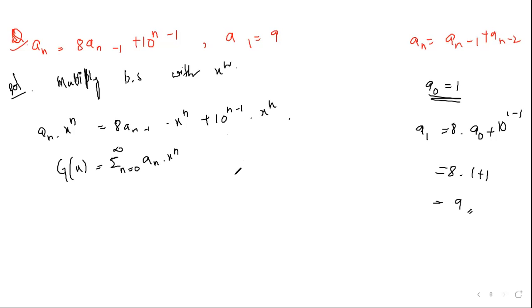Okay, so over here what will be G(x) minus 1? G(x) minus 1 is given as the sum from n equal to 1 to infinity. This is the reason we took a_0 equal to 1. We wanted to start n equal to 1 to infinity. So I'll write it a bit clearly.